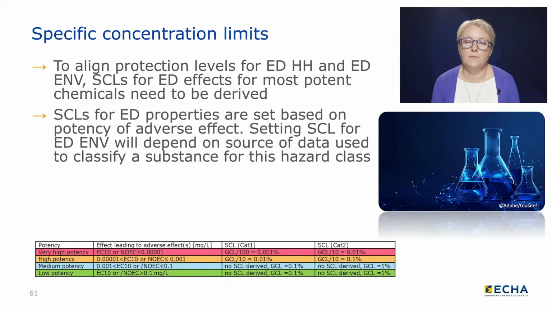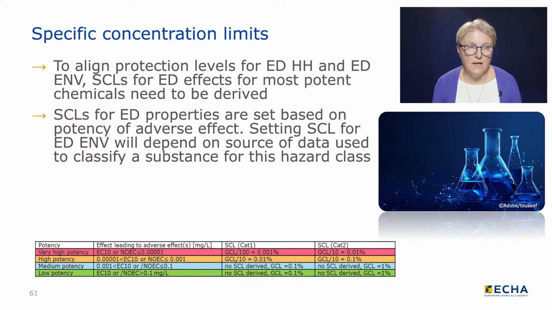To align the protection level for environment EDs with human health, the specific concentration limits have been used for the most potent ED substances. According to the CLP regulation, generic concentration limits are assigned to substance in mixtures unless data justifies setting the specific concentration limits.